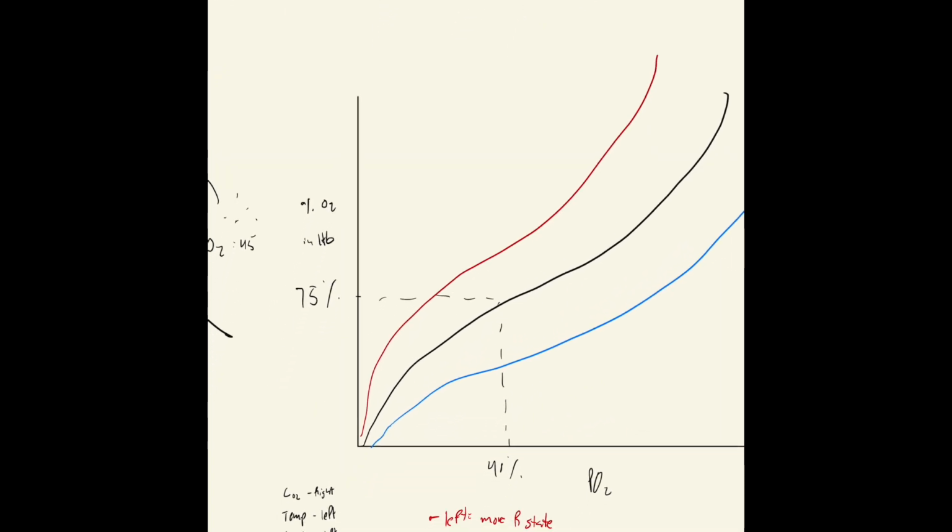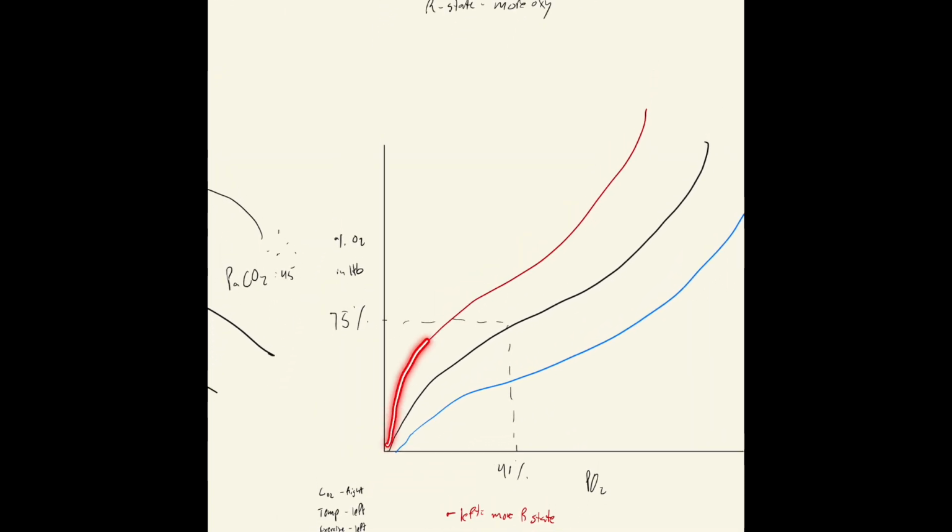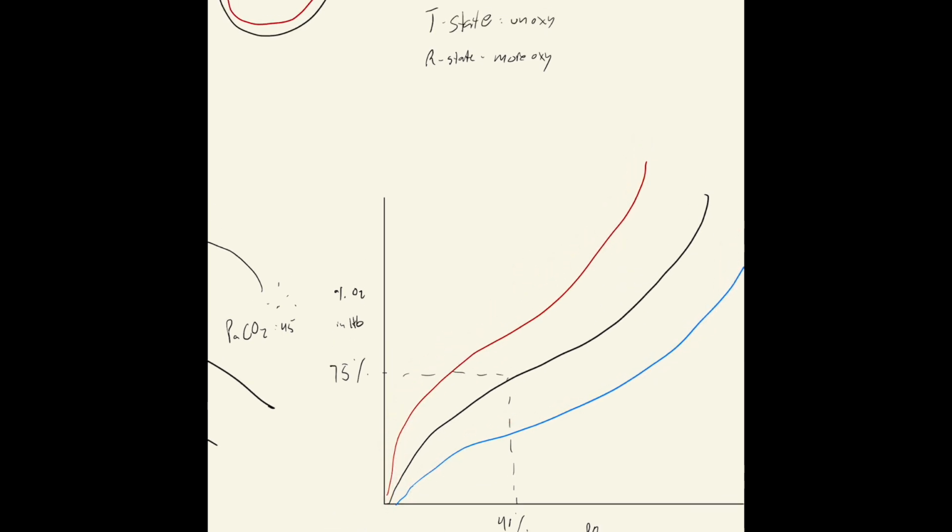But we do have these shifts, and the first is the left shift, and then this blue line is the right shift. When we are in the left shift here, we are in the R state, because it means that more oxygen is bound to the left state. The right shift means that there's less oxygenated hemoglobin.